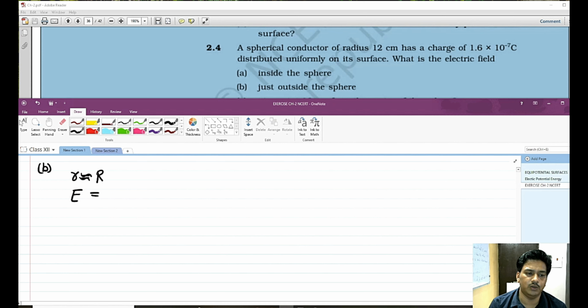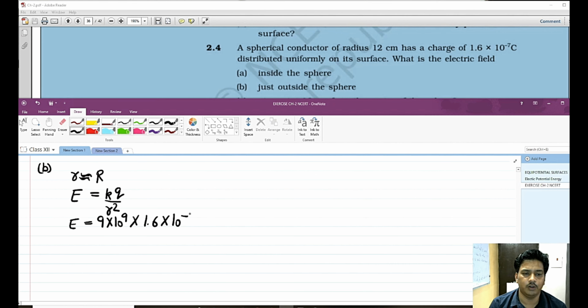E is equal to k q by r square. Now E is equal to k, 9 into 10 to the power 9, the magnitude of charge is 1.6 into 10 to the power minus 7, divided by the radius squared. The radius is 12 centimeter, that is 12 into 10 to the power minus 2 meter, squared.